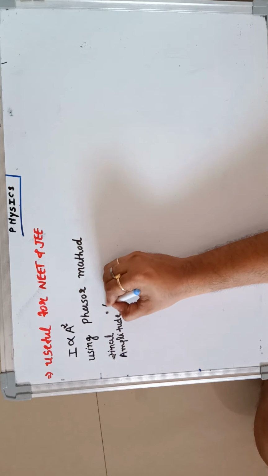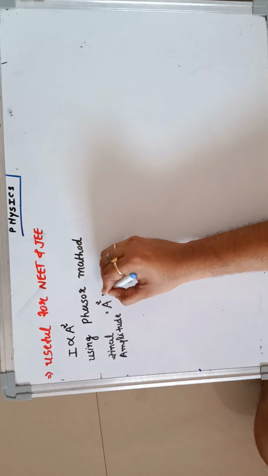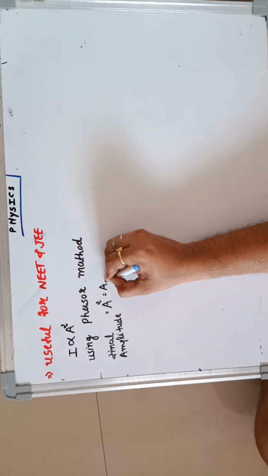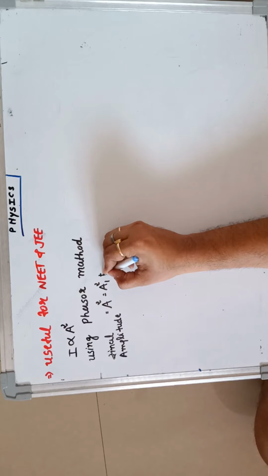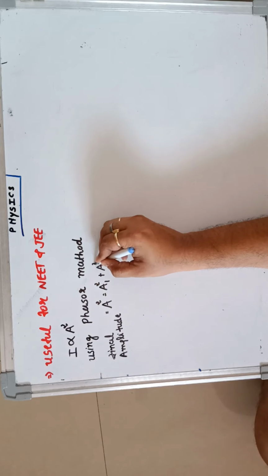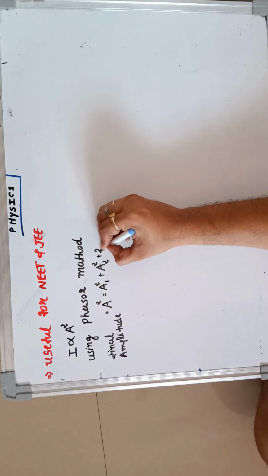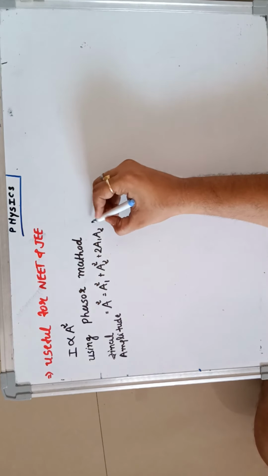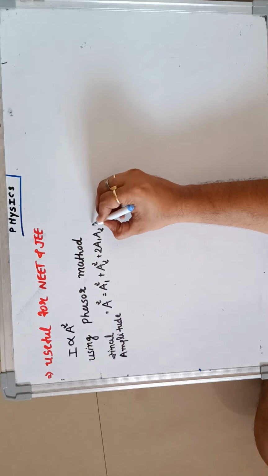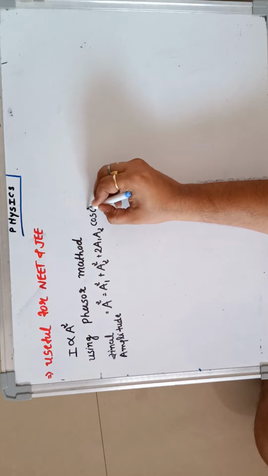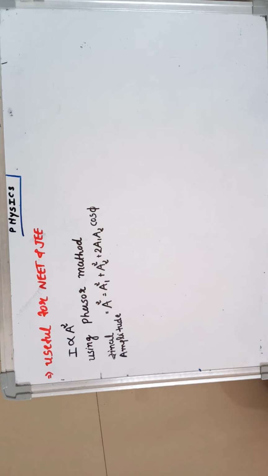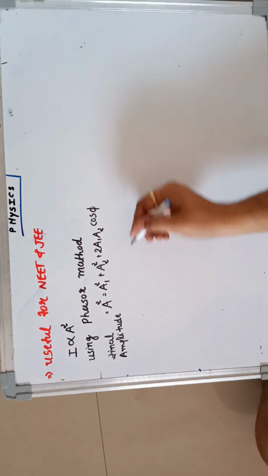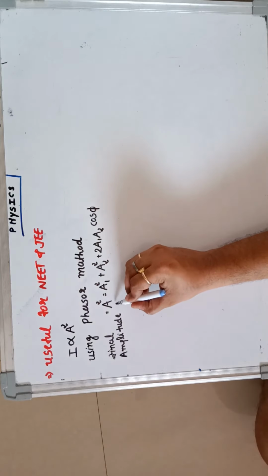A square is equal to A1 square plus A2 square plus 2 A1 A2 cos phi. This is the final amplitude of the interference.